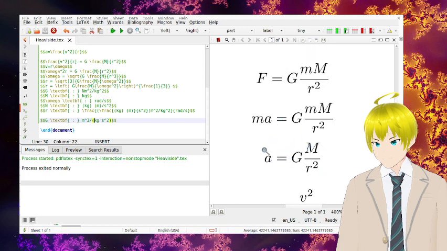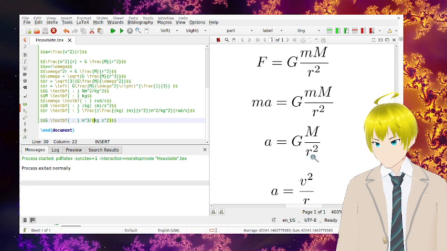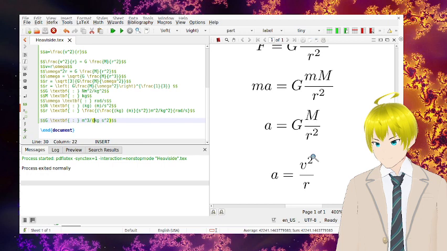So I suppose a tiny deviation in A would be equivalent to an even smaller deviation in R, right? Because this is a squared over here.